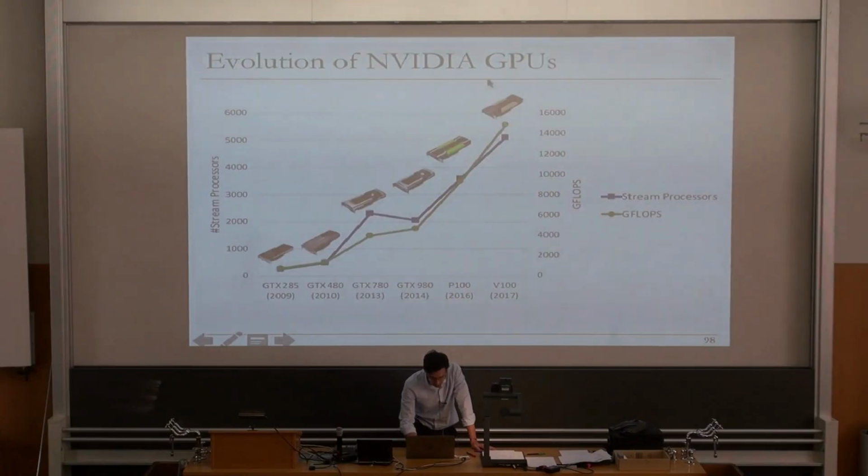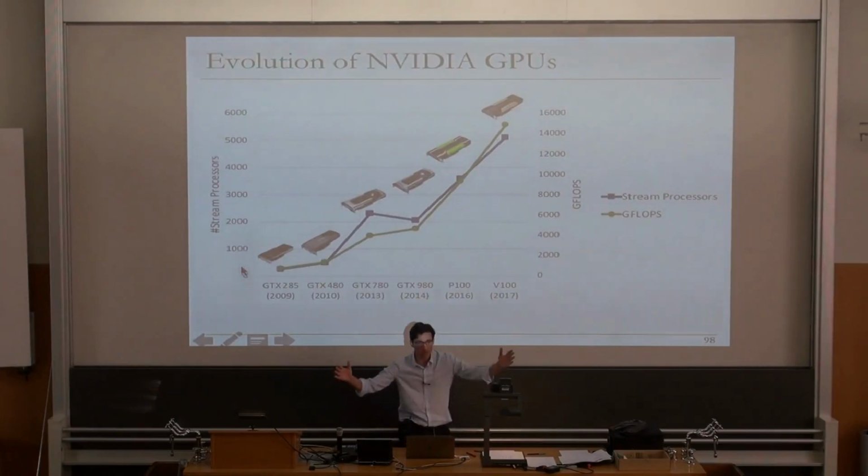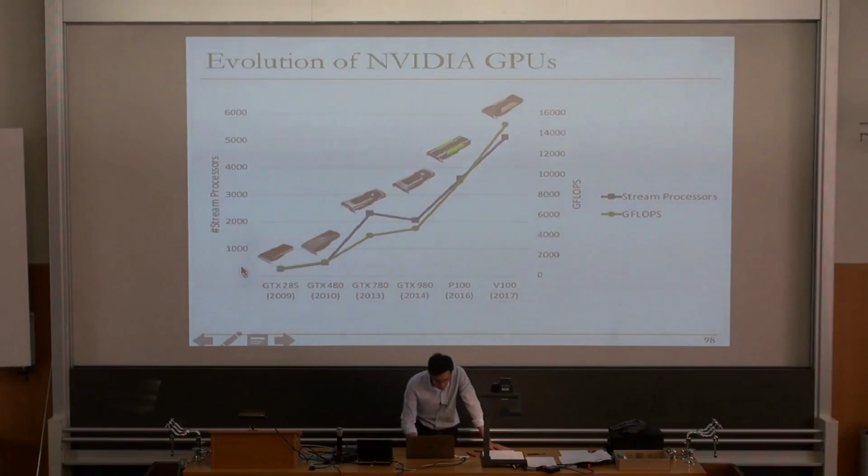This is the most powerful GPU up to date, and you can see how much the number of stream processors, that is the total number of vector lanes in the GPU, has increased from maybe 240 until more than 5,500 or so, and also how much the total throughput in gigaflops has increased.